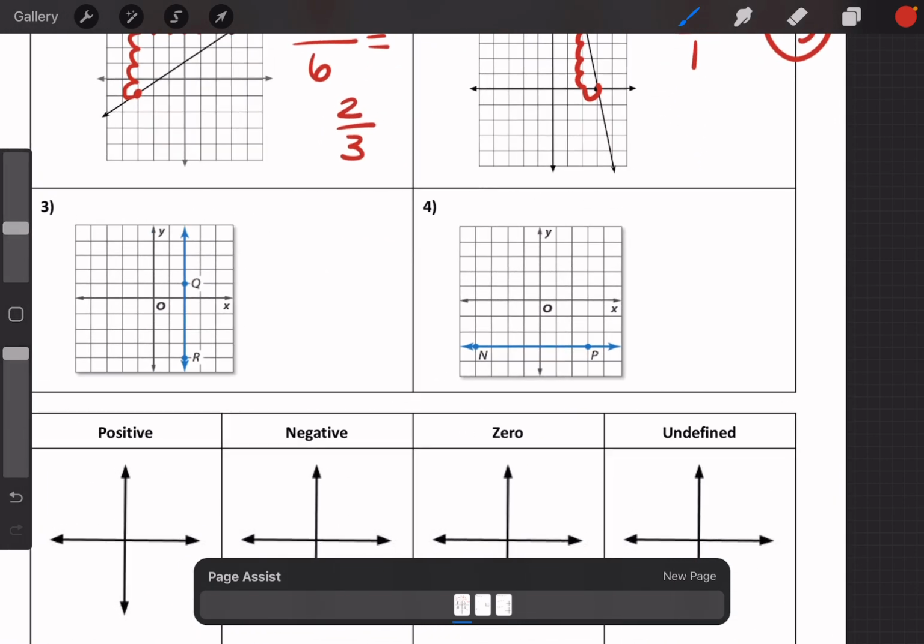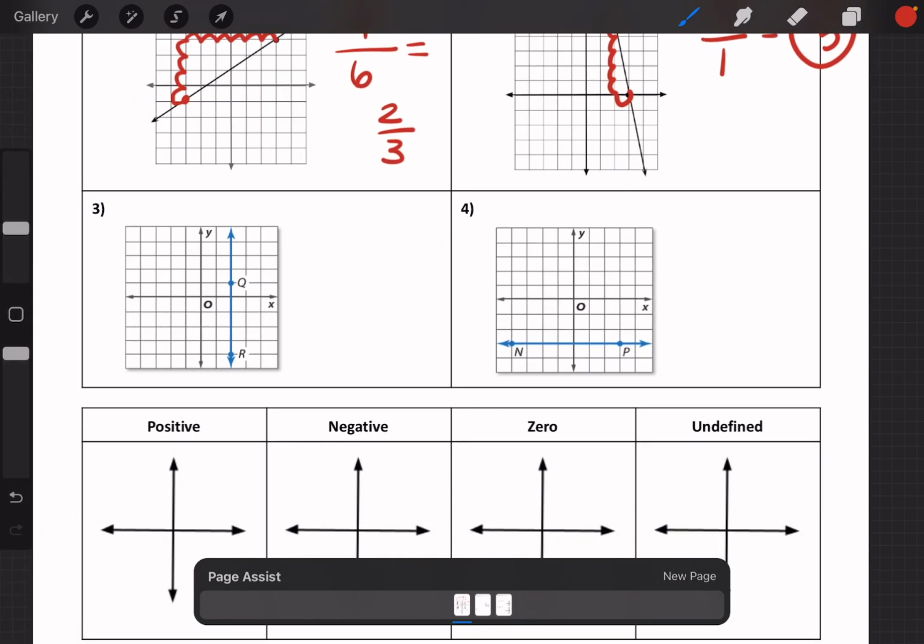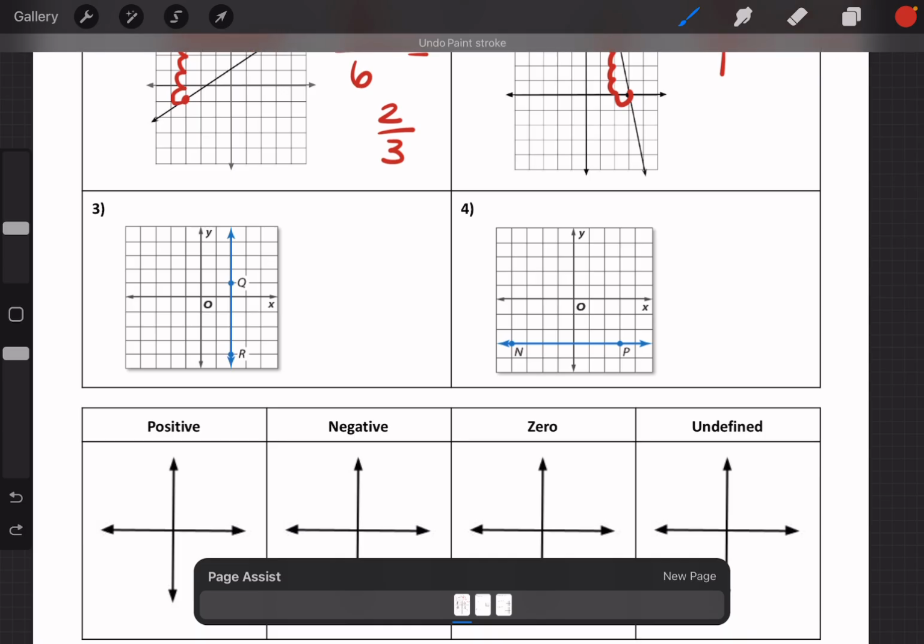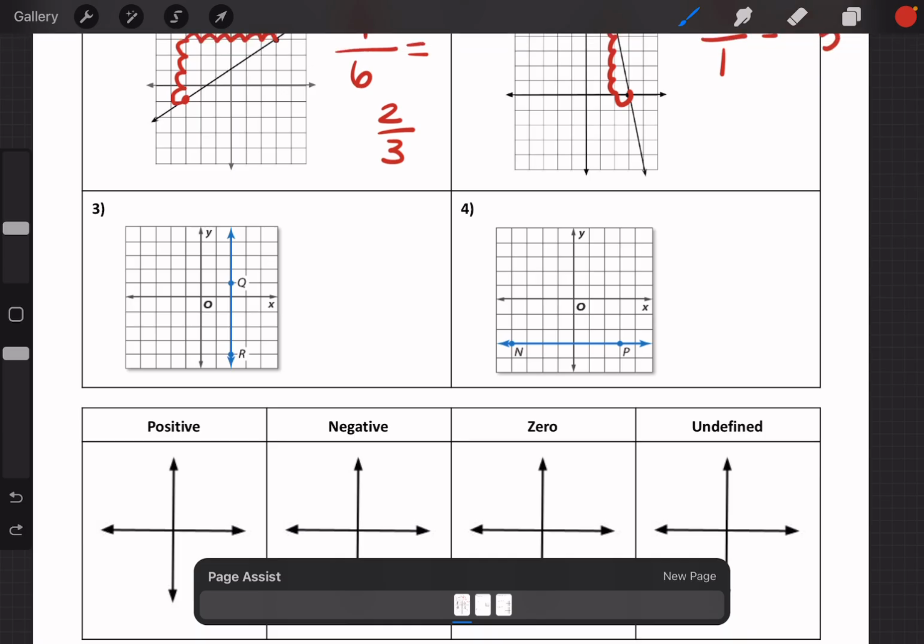These two at the bottom are different. So if we look at this number 3, if I start on the left, there isn't really a left, so I'm going to start at the bottom. Doesn't really matter. I can have a rise. I go up 1, 2, 3, 4, 5. But when it comes to going over to the right or left, there isn't any, so we would have a 0 on the bottom.